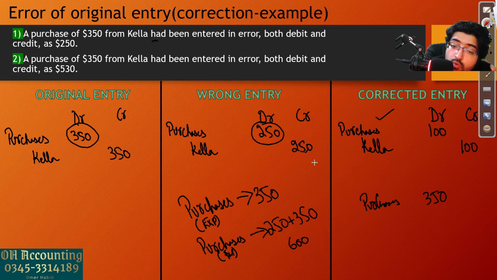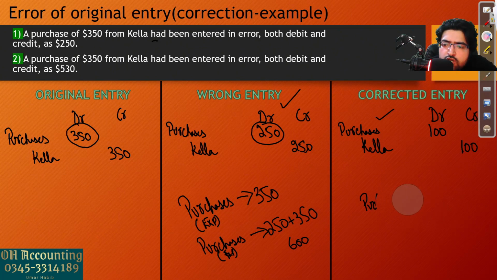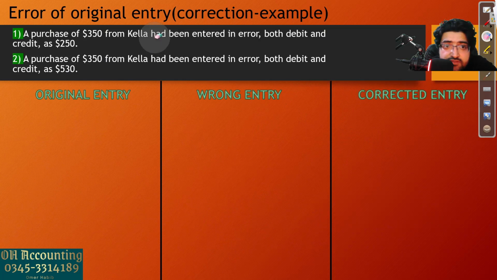So we have to only make the correction required. We don't have to remake the original entry here. I will not write purchases 350 and Kela 350. That will mess up the balances because this entry is already made. I just have to make the necessary change to this in order to make the correct figure required in our books. Okay? Now erasing this and doing it the other way around, because I have given you both examples.